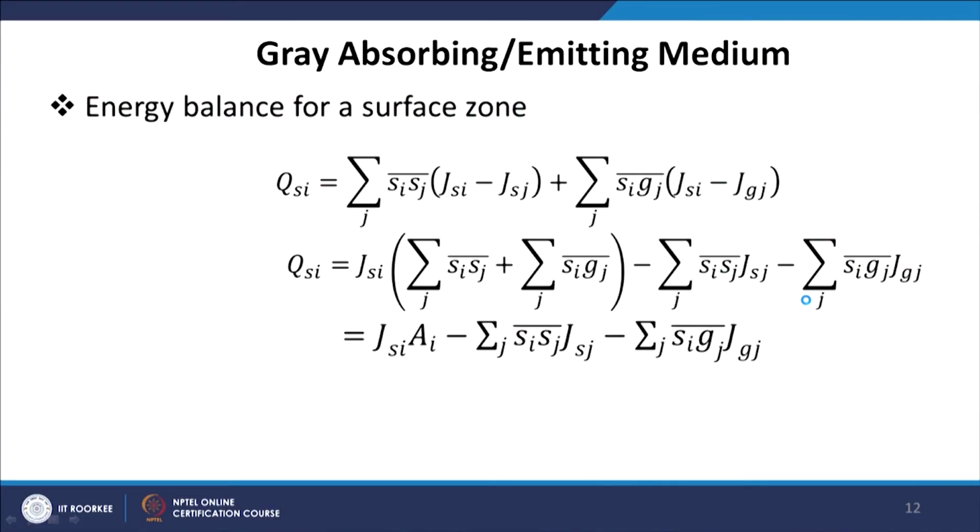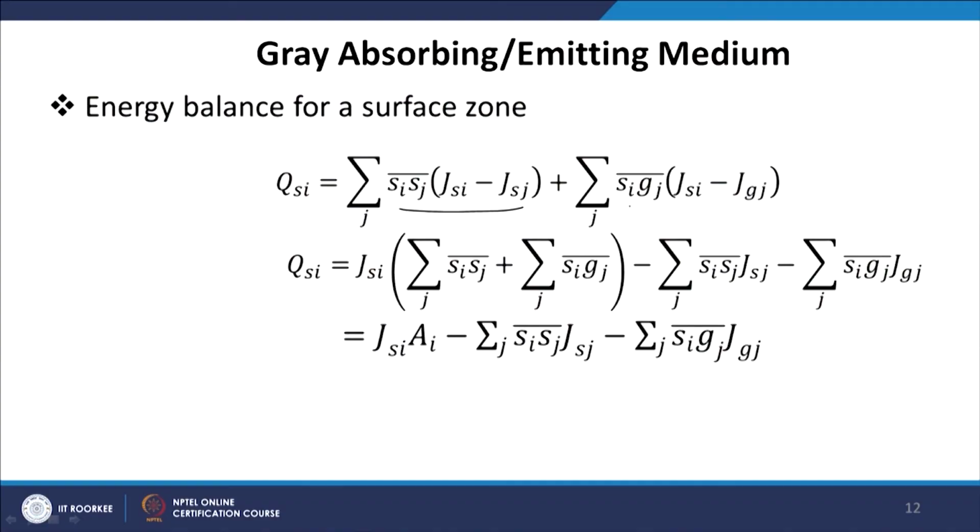We can write down the energy balance for a surface zone. The surface receives radiation from other surfaces, so the direct exchange area SiSj between surfaces and the difference in radiosity. So, that is surface to surface radiative exchange. Then surfaces also receive radiation from the volumes. So, we write down Si, summation over all the volume zones Sij (Jsi minus Jgj).